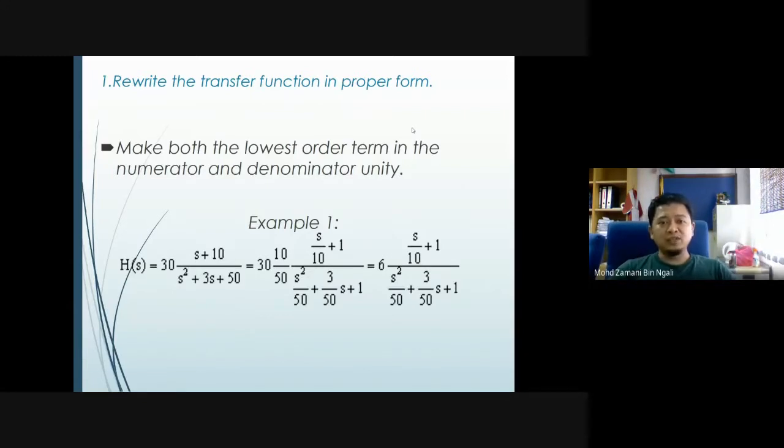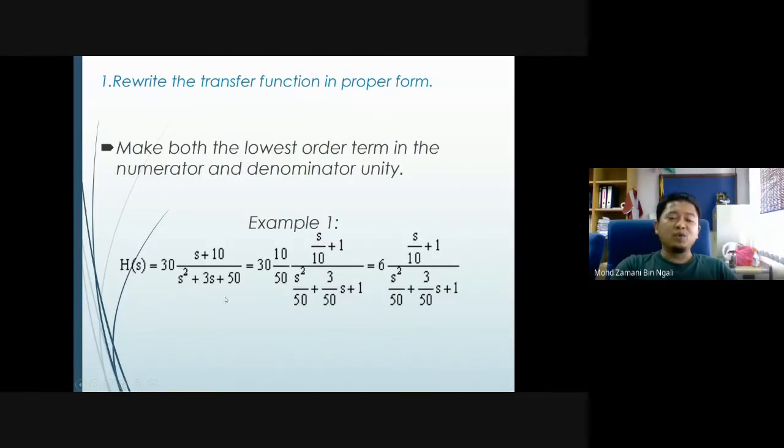First step is to rewrite the transfer function in proper form. If we have this transfer function, 30 times (s plus 10) over (s squared plus 3s plus 50), we have to convert this form into a proper form, as we can see here at the rightmost.